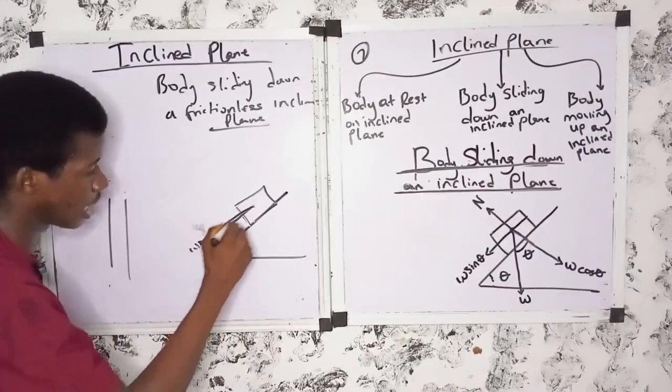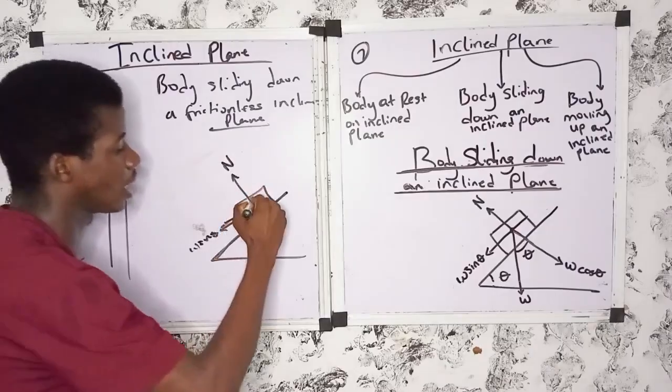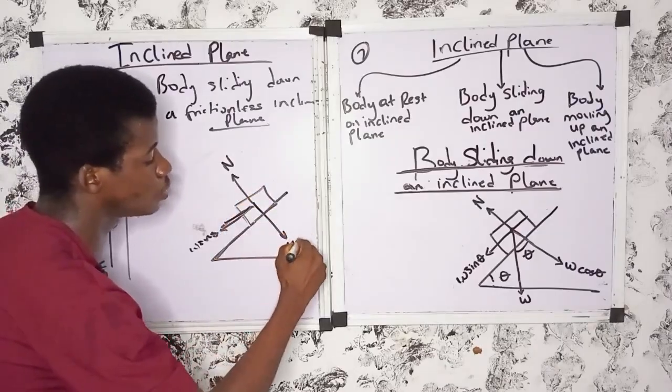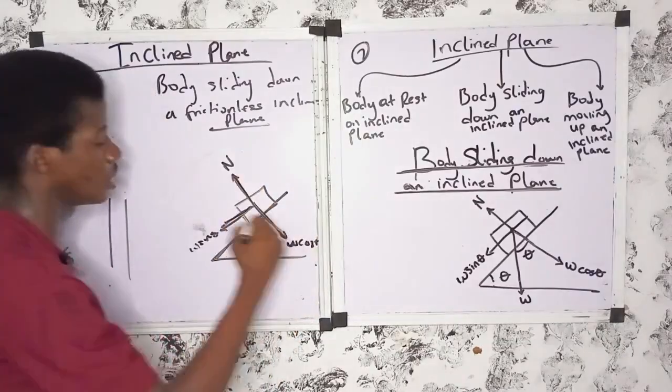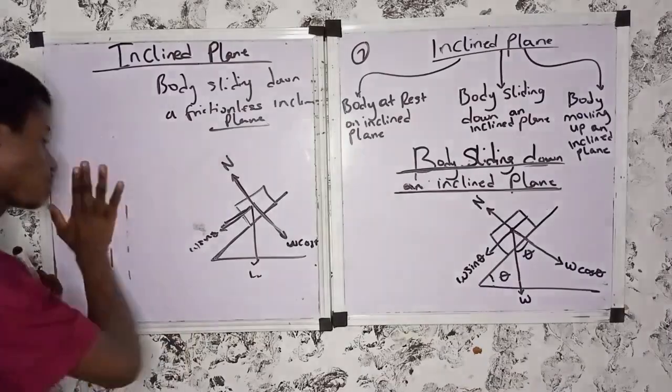This is the force acting parallel to the plane. Remember, these lines, they are parallel, right? Whereas these ones are the forces acting perpendicular to the plane. Perpendicular to the plane, we have the weight components as well. So let's continue.